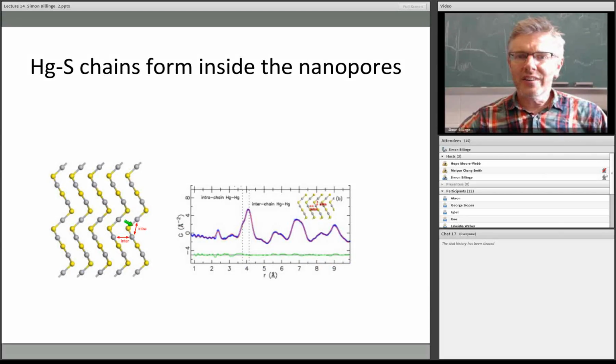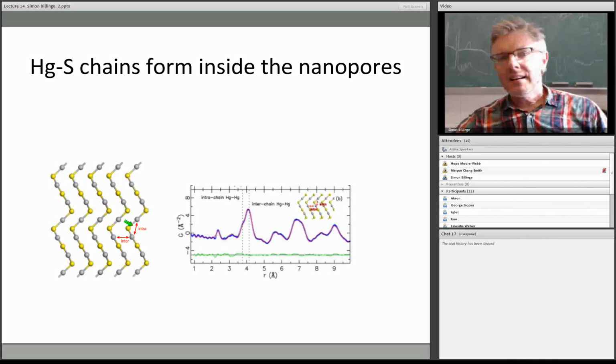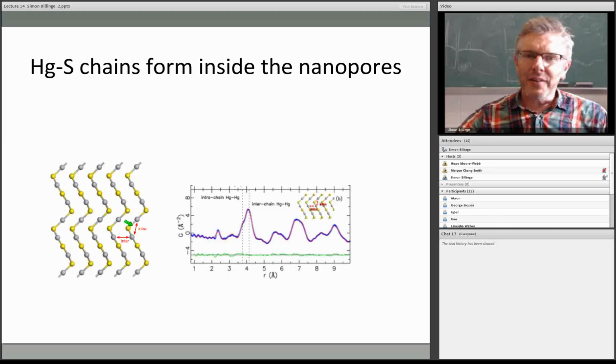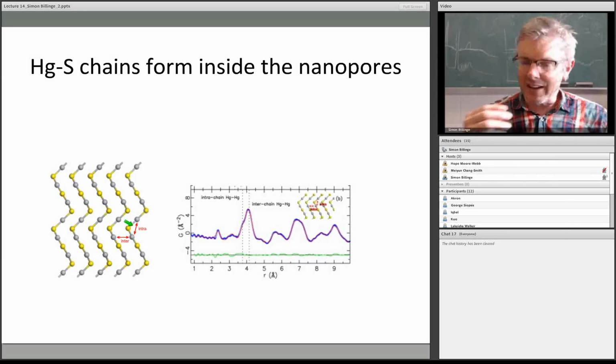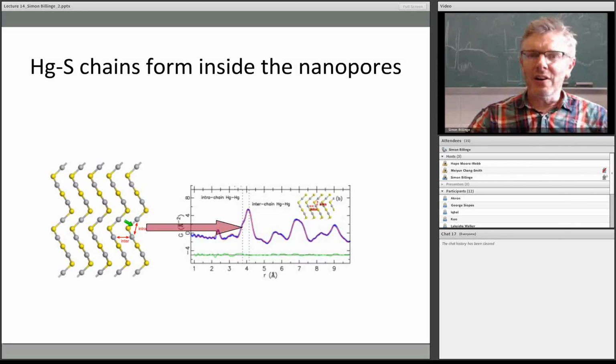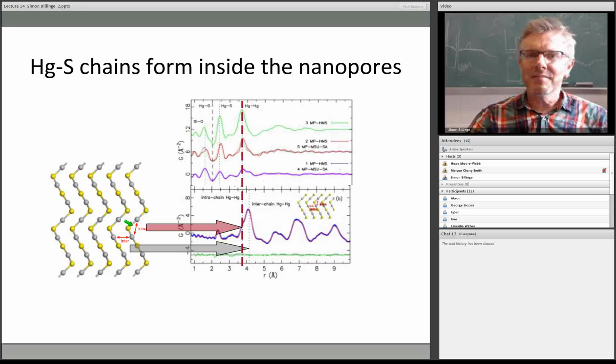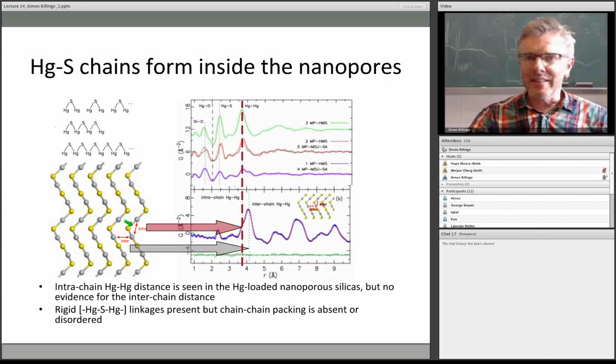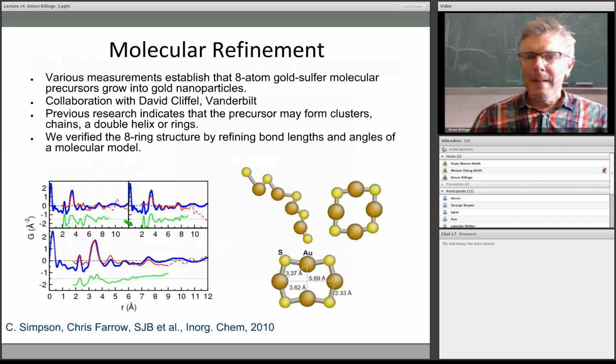One is on the cinnabar chain, which is a one-dimensional chain of mercury and sulfur. And it turns out that what we could deduce from the data is that we're getting these chains of mercury-sulfur inside the pores of silica, but we're not getting any ordering between the chains. So I don't want to dwell on this one. Let me just move on.